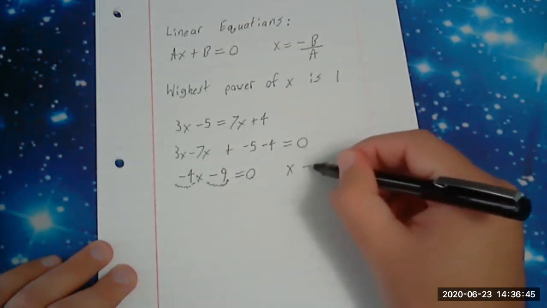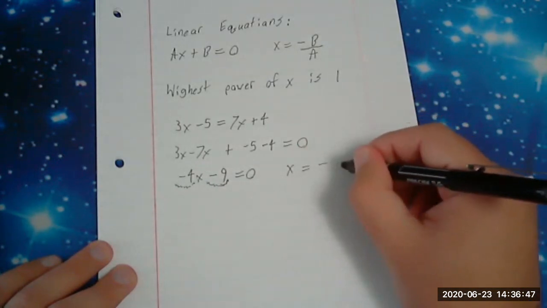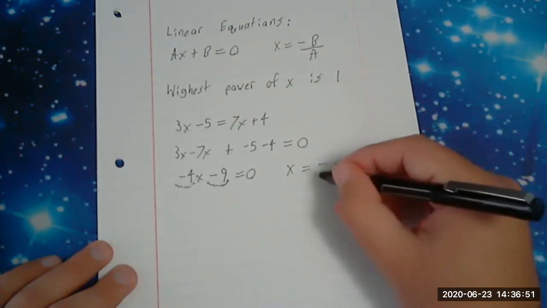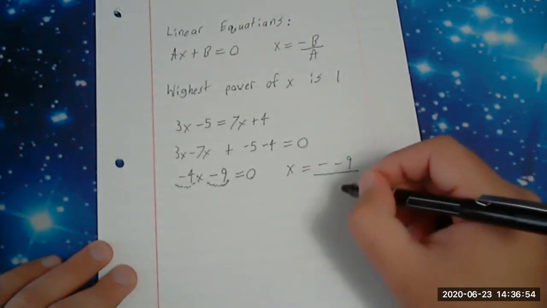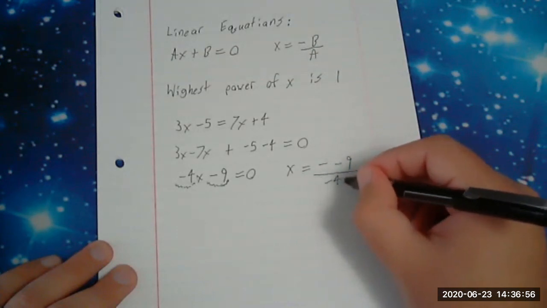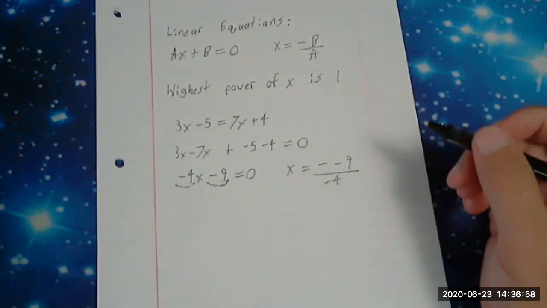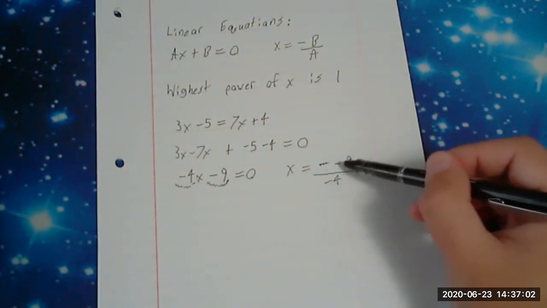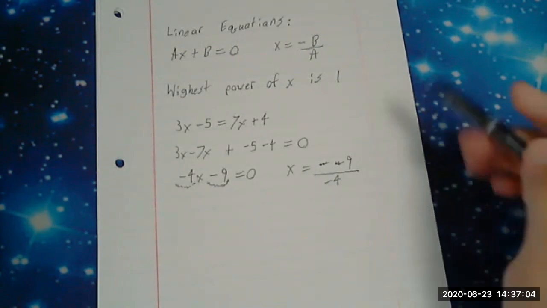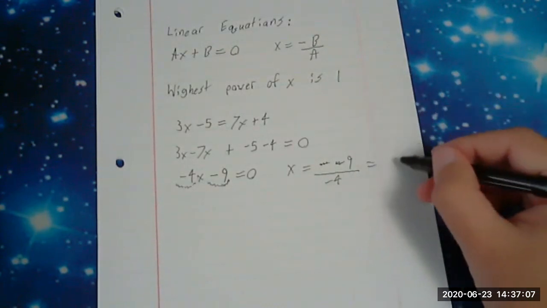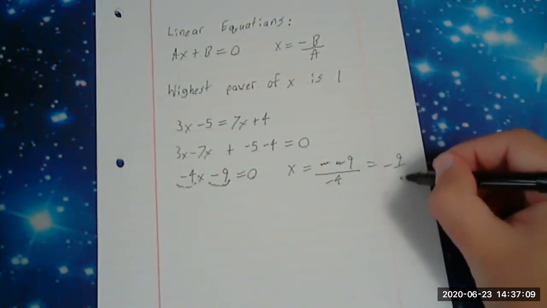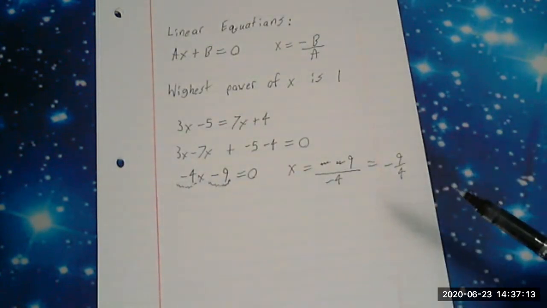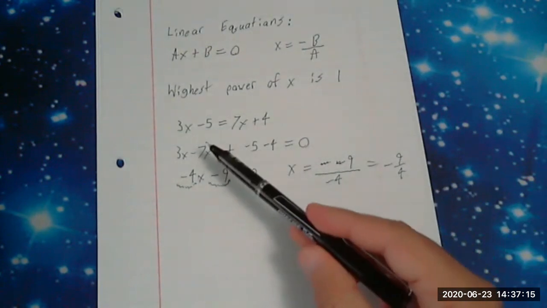So x equals negative negative 9 over negative 4. So in this case, a negative becomes a positive. So x equals negative 9 over 4. But that's pulling everything over to the left.